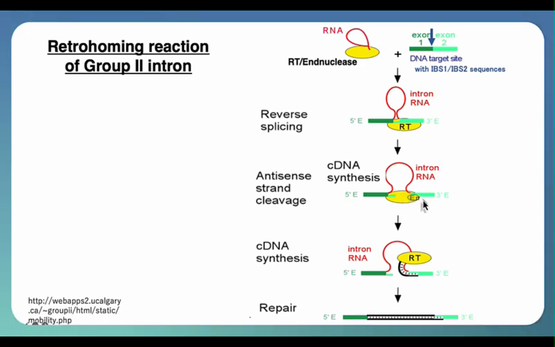Then, cDNA synthesis of the intronic RNA begins at the 3' end of the cleaved DNA. When the initial cDNA synthesis is complete, the intronic RNA is degraded, and the gap in the DNA strand is filled in, so that the intronic RNA sequence is eventually converted into double-stranded DNA. In this reaction, endonuclease activity and reverse transcriptase activity are provided by the protein attached to the spliced-out Group II intron.